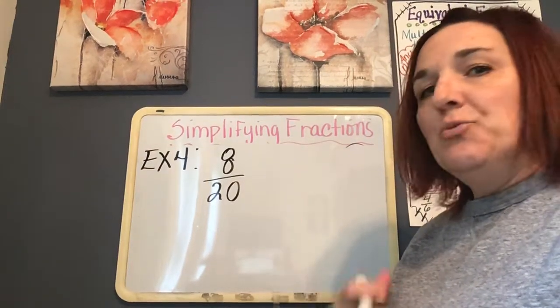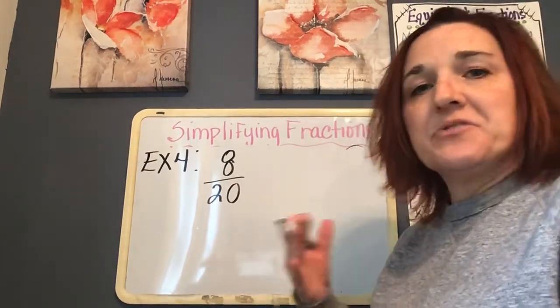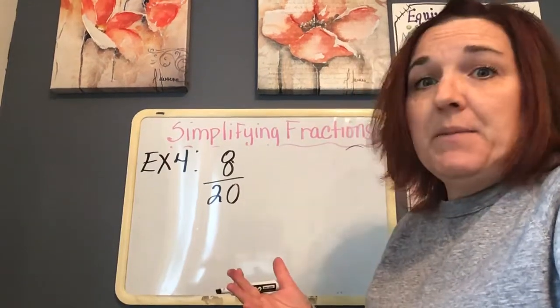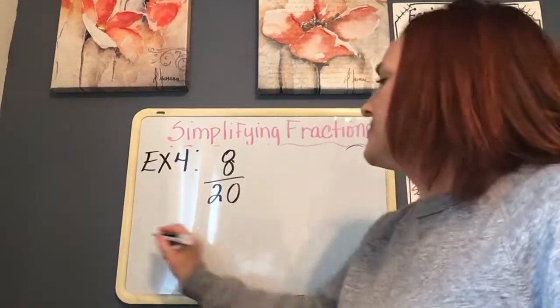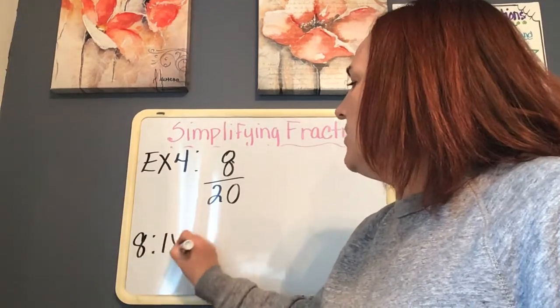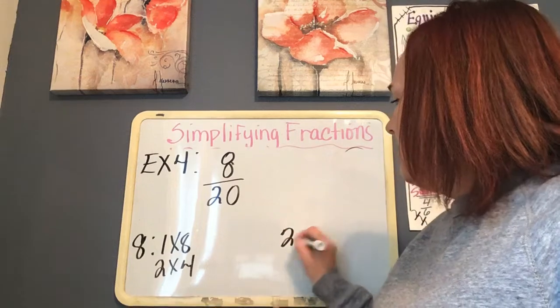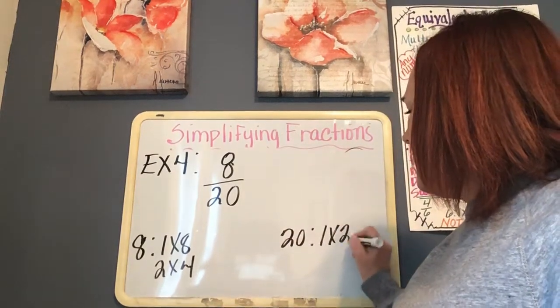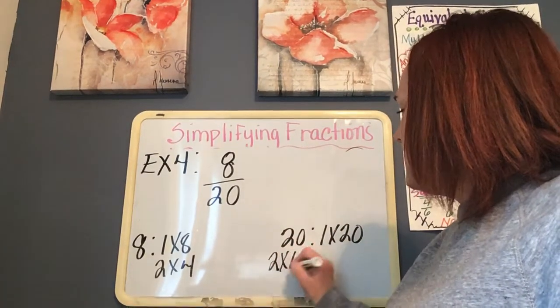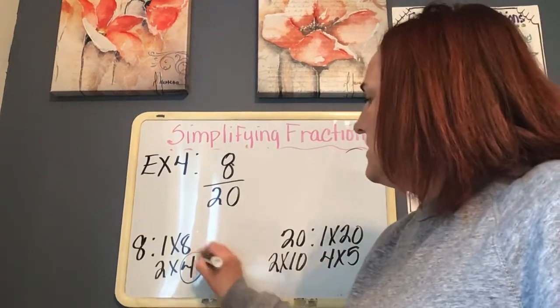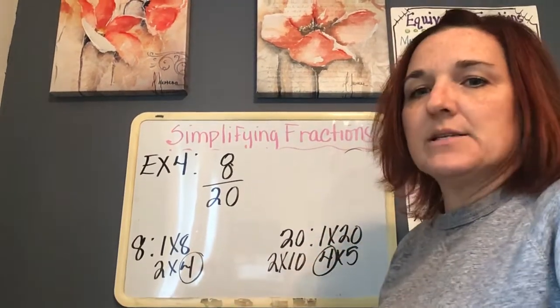Now, again, you might say, hey, I know what a common factor is. It's 2. Is it the highest? Is it the greatest? Maybe, maybe not. Let's list all the factors. So for 8, we have 1 times 8 and 2 times 4. For 20, we have 1 times 20, 2 times 10, and 4 times 5. Ooh, you can see that 4 is the greatest common factor.